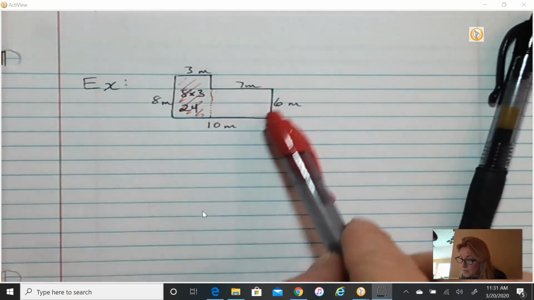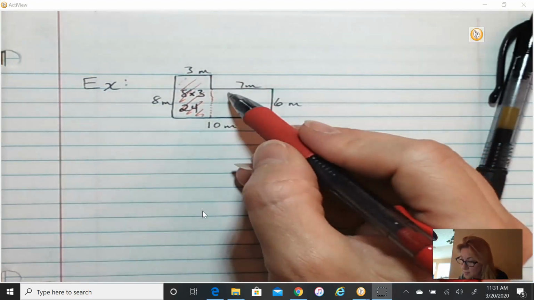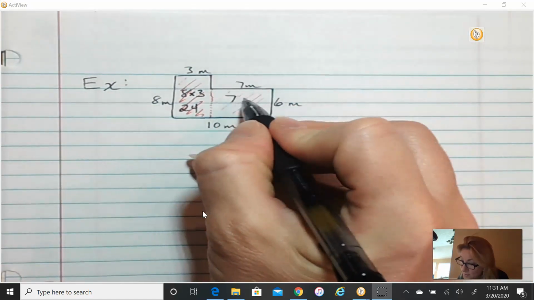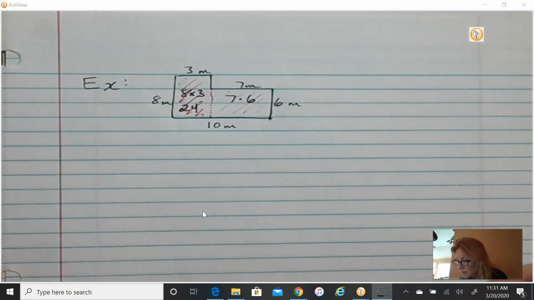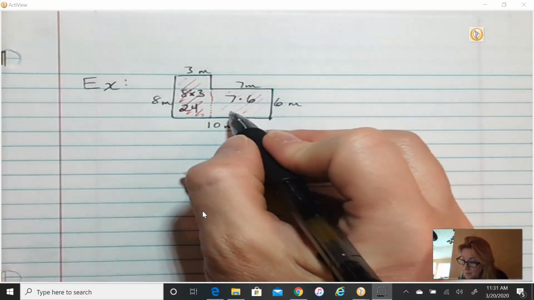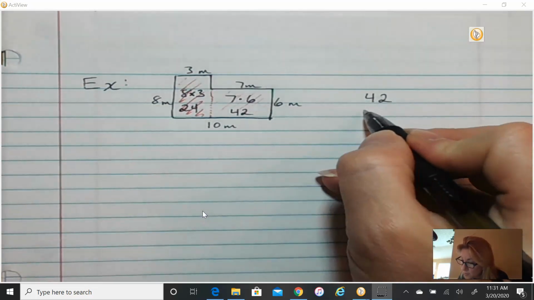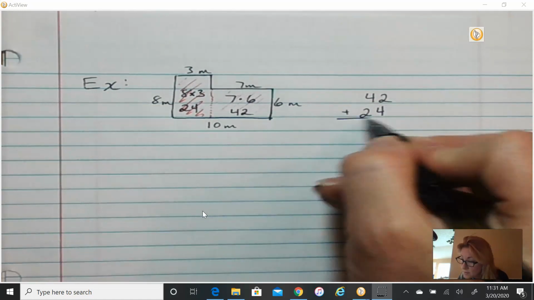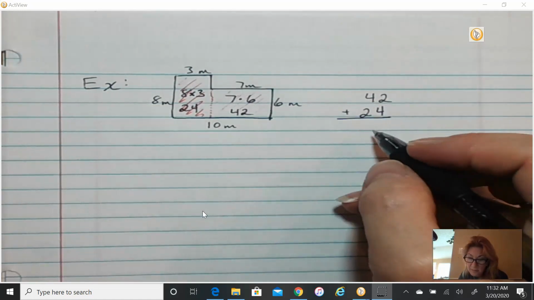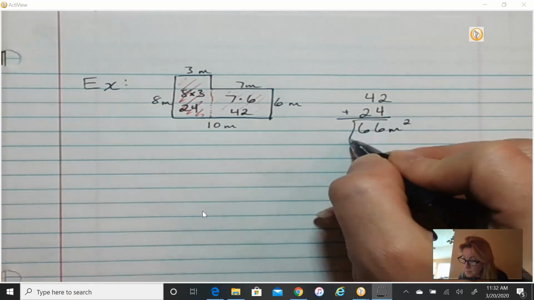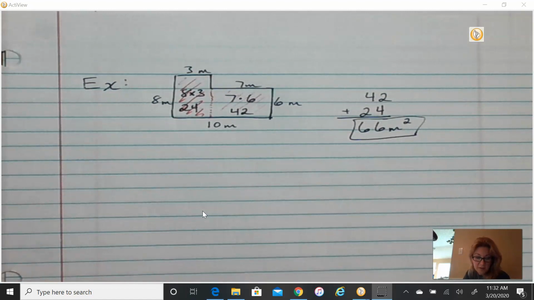And then now I can use this right here. It doesn't matter how you do it. That box right there is going to be 7 times 6, 42. So then you add them together, 42 and 24. That gives you 66 meters squared. So you do those weird things like that. You're just breaking them up.